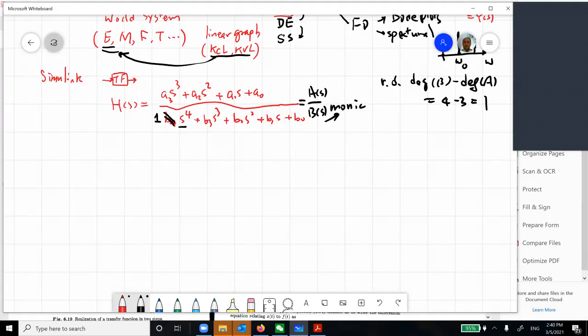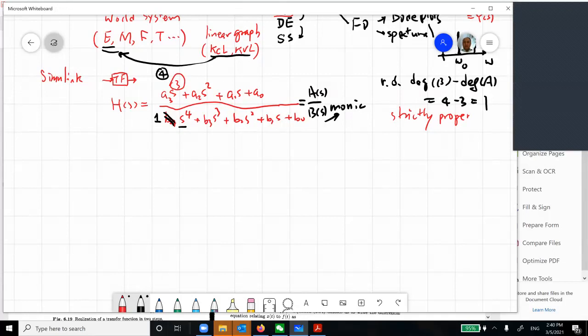In this case, it is called strictly proper. But if you say, wait, I also have a 4 in the numerator, so the relative degree becomes 0, yes, you can.